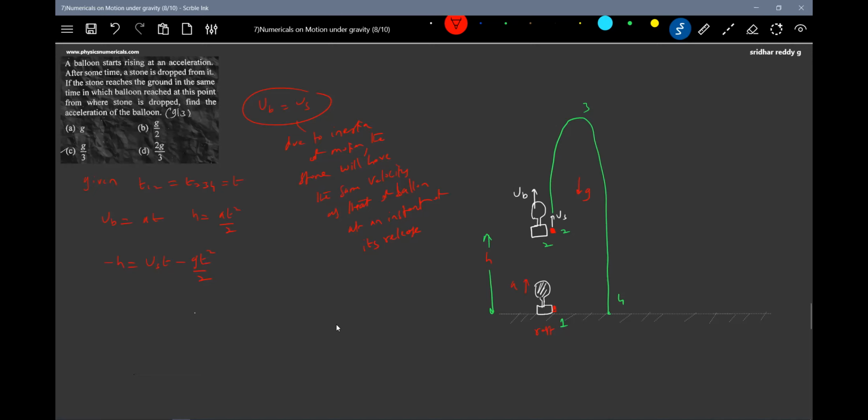Okay, what is H? H equals AT square by 2. The acceleration of the balloon is what is asked here. And US equals UB. So let me substitute all the things. I'll give numbers: 1, 2, 3. Substituting 1, 2 in 3.